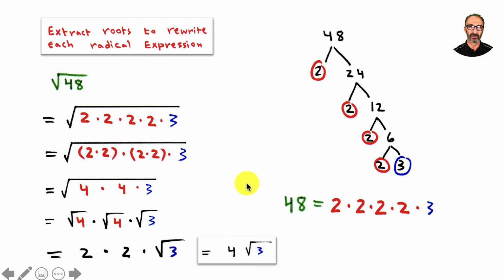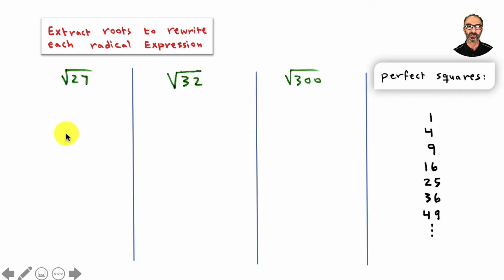How about if you want to do it quicker than this? Here we go. Square root of 27, square root of 32, square root of 300. Looking at perfect squares, 1 times 1 is 1, 2 times 2 is 4, 3 times 3 is 9, 4 times 4 is 16, and then we have 25, 36, 49, and so on. Those numbers are perfect squares. The square root of 25 is 5, square root of 49 is 7.